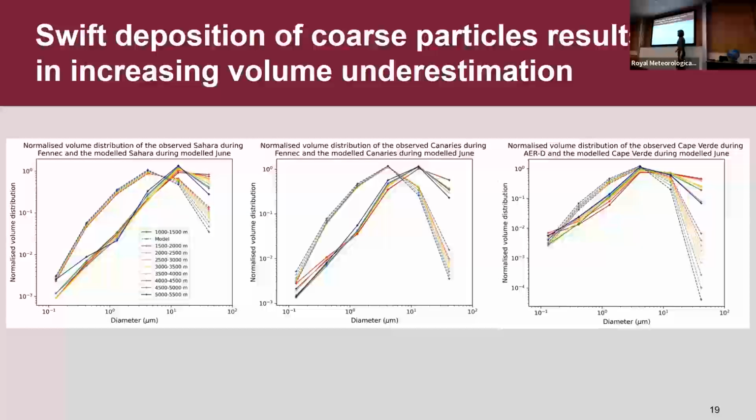What that's telling me is that there's a problem at emission, but then there's also this swift deposition of the coarse particles, which means you're increasing the magnitude of underestimation in the coarse size range. The reason I ignored this one is because this is from the AER-D campaign, which was the awkward one in August. And what you can see is that it's almost a better fit. It peaks in bin 4.